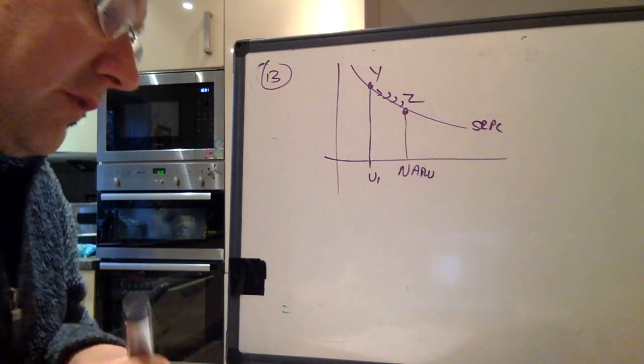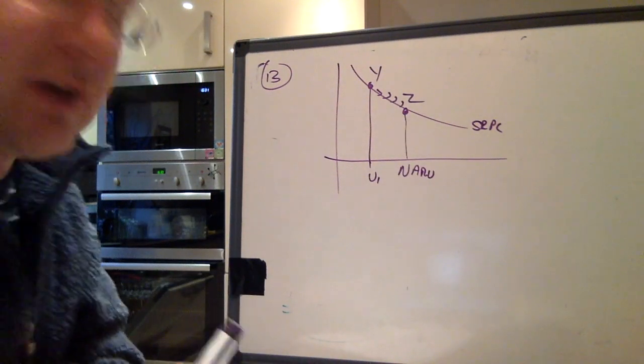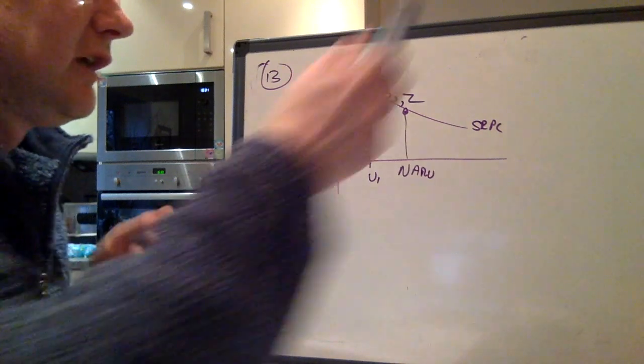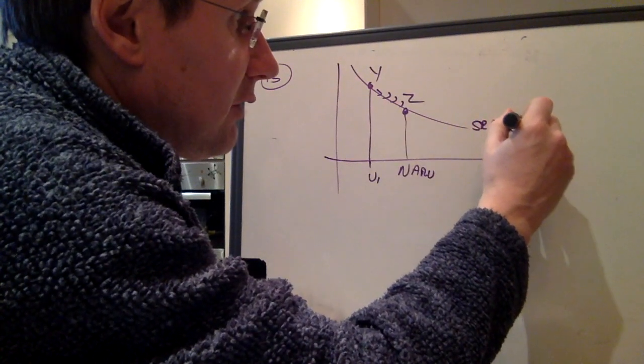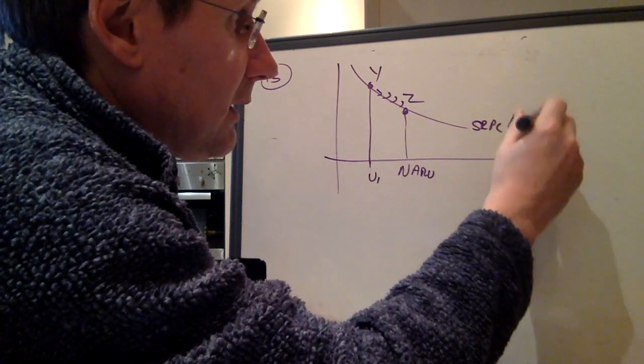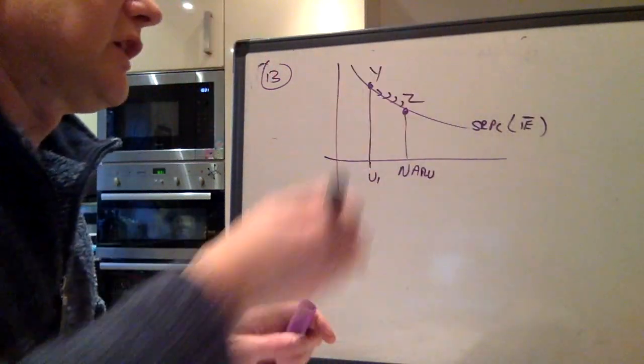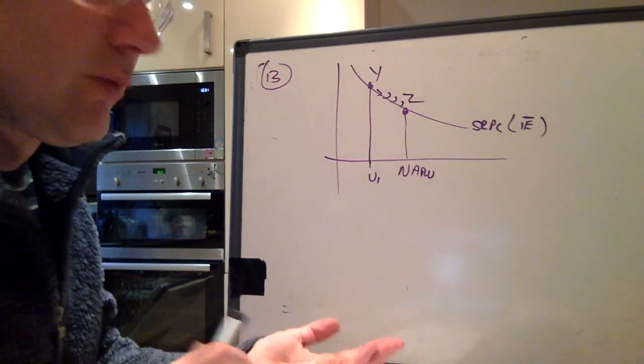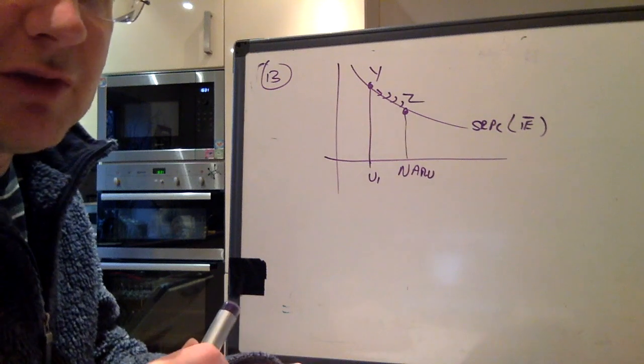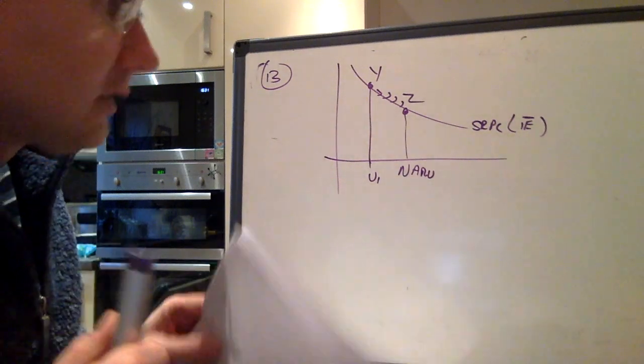The economy is simply self-stabilizing. On a given Phillips curve, inflationary expectations are fixed. All that's happened is that the economy has returned to the NERU with the same level of inflation expectations.